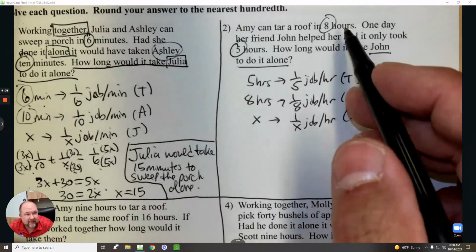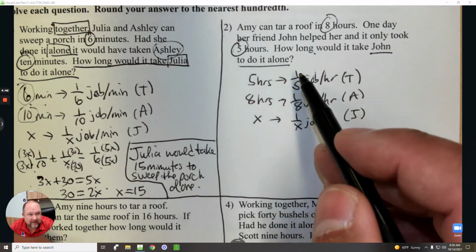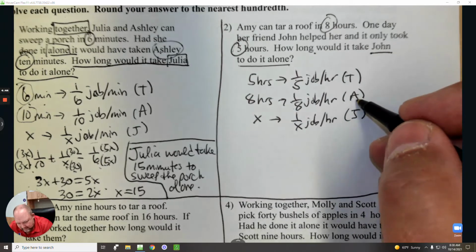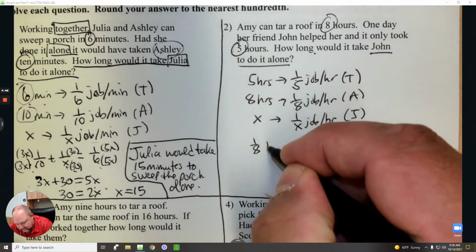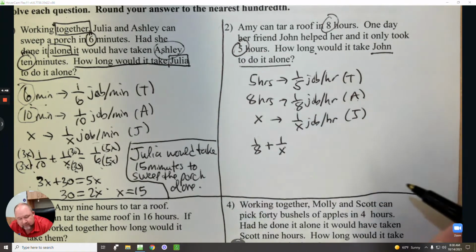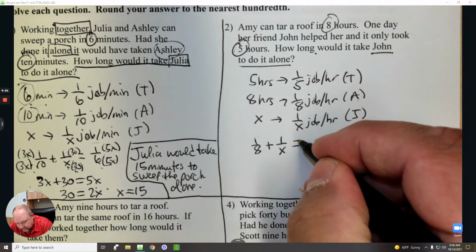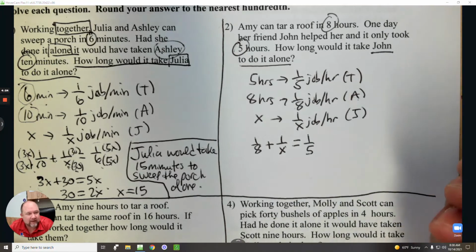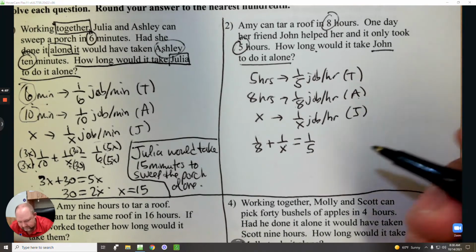So that's breaking down, understanding the type of question, and breaking down the numbers we need. The structure: Amy alone, the rate, John alone, the rate, and then it's equal to the together rate, which is 1/5. And now we need common denominators and then solve it.